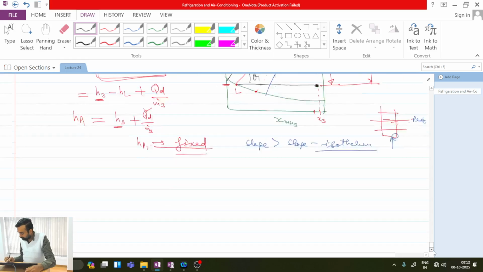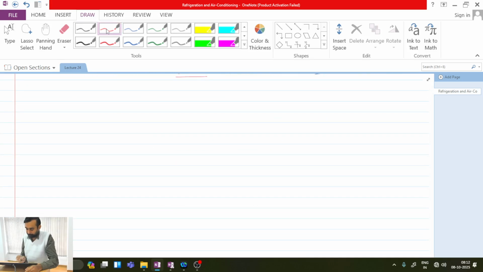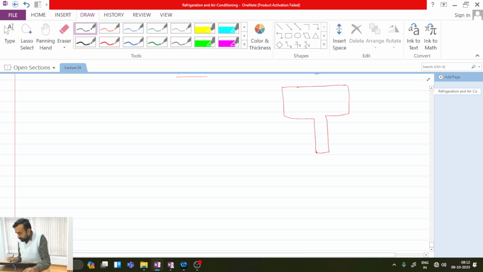So now what we do in our deflegmator and rectifier is we stop up to some point. Instead of doing the entire rectification in the rectifier column itself, we stop somewhere over here, which is the point where the temperature of the liquid becomes close to the absorber temperature.